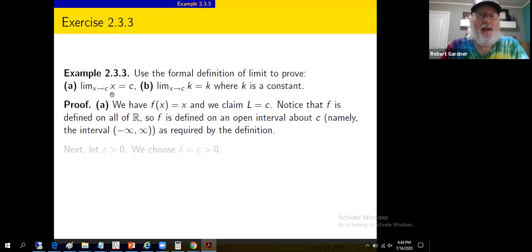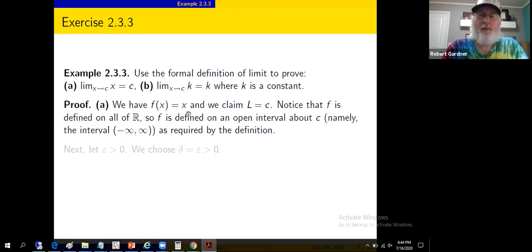Okay, so what do we got in this first limit? We got the function f of x is the function x. We're claiming the limit L is the right-hand side there, so L equals c. We've got x approaching c. Is this function f of x equals x defined on an open interval about c, except possibly c itself? Yeah, it's the identity function, they call it in the book.